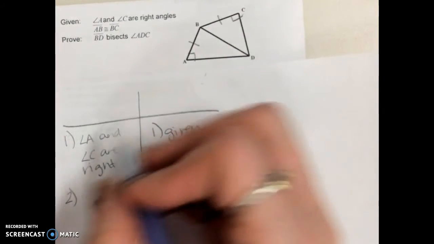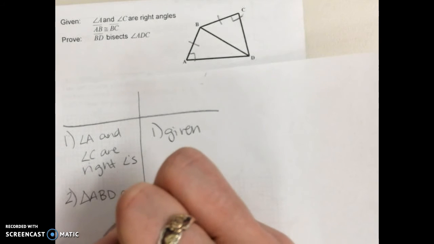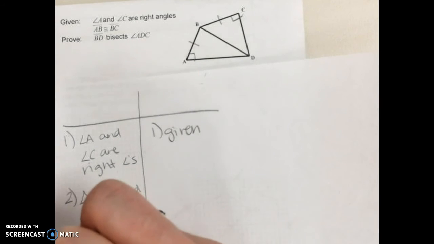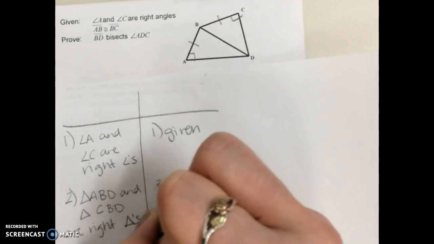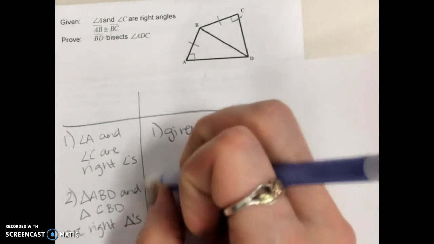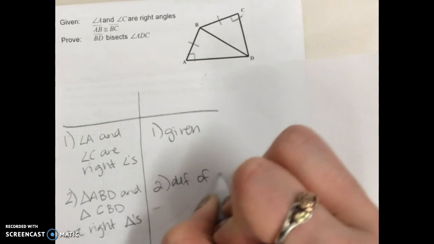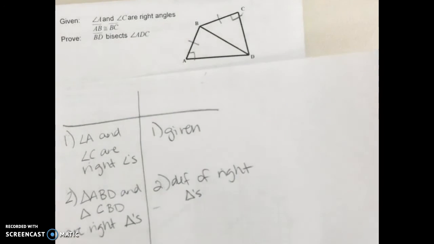I know they're right angles, so I need to say that triangle ABD and triangle CBD are right triangles. That's not a 3, it's a 2. That's because of the definition of right triangles, which we did today, which when you're watching this, was yesterday.